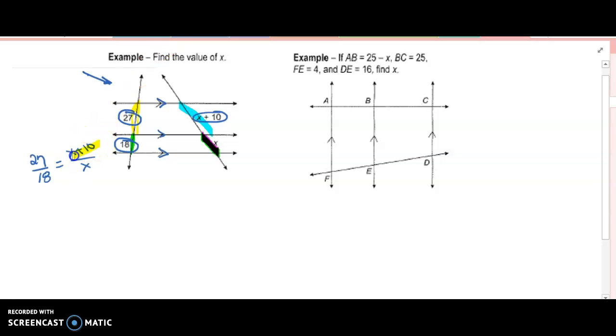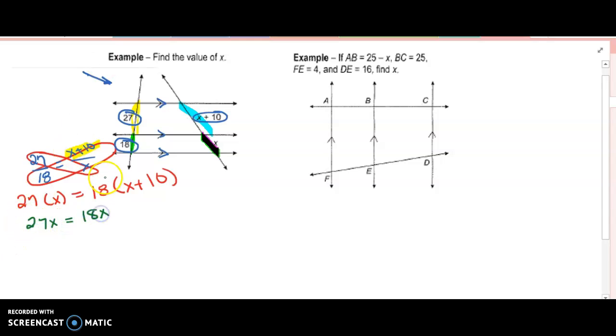Now remember, I have to throw this here in parentheses. Okay, so when I cross multiply, I get 27 times x equals 18 times parentheses x plus 10. All right, so this is just 27x equals 18x, I'm distributing this through, plus 180.